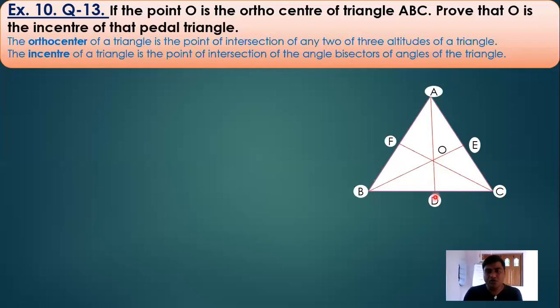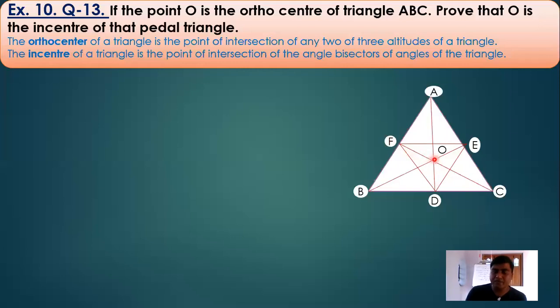Now we draw DE, EF, and FD. This triangle is a pedal triangle. DEF is a pedal triangle. Here we prove that O is the incenter of the pedal triangle DEF.